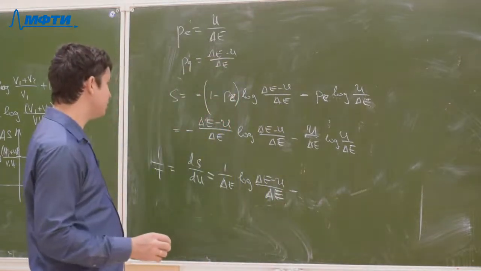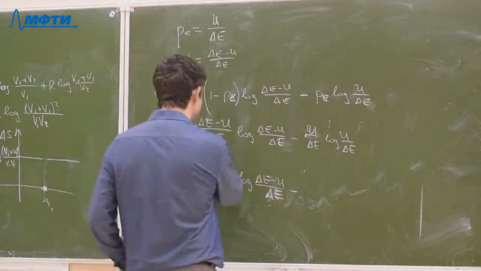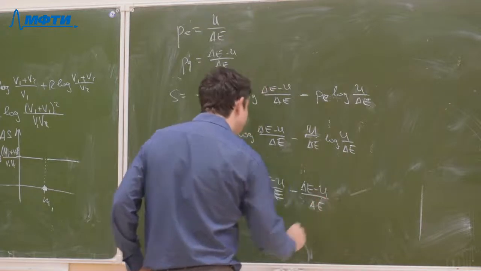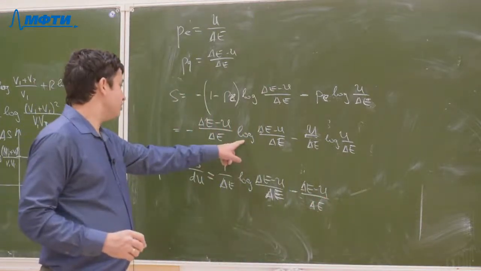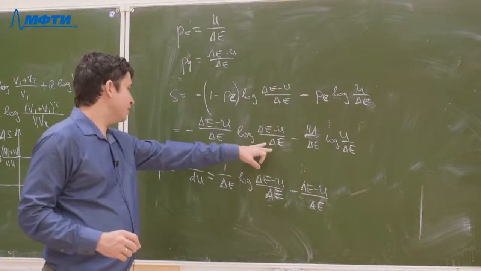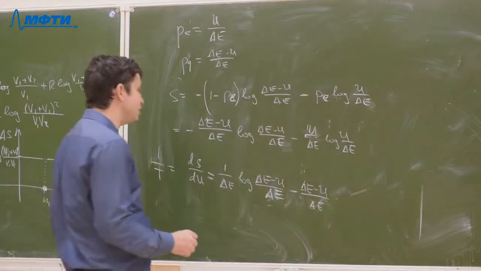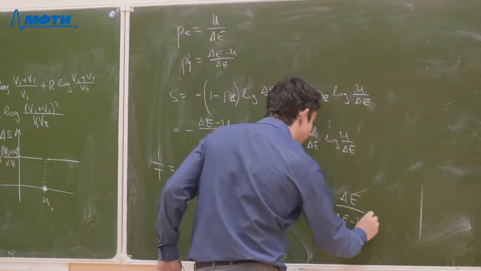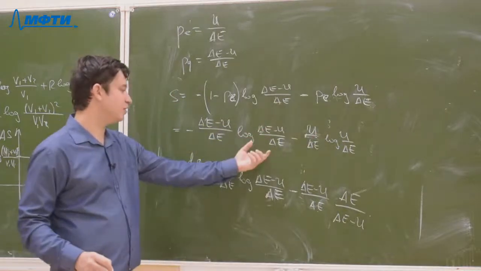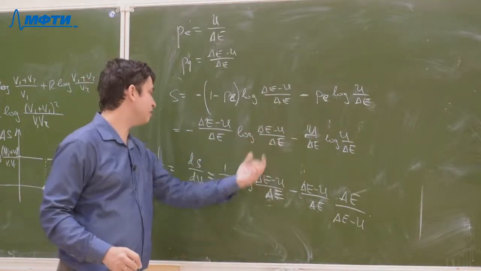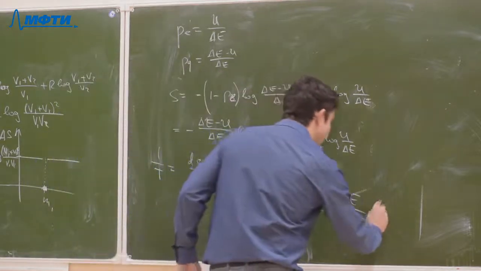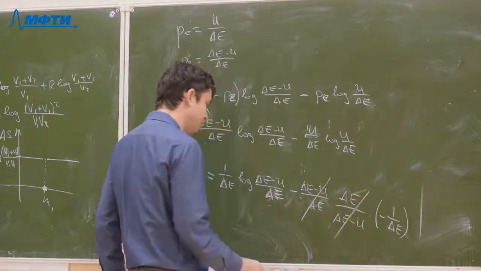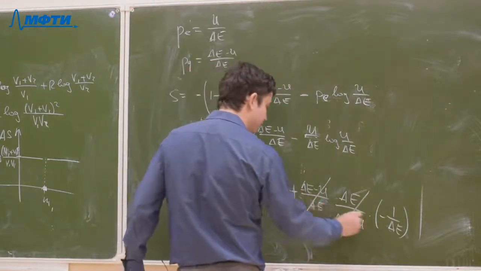Minus (delta E minus U over delta E) multiplied by the derivative of this logarithm, which is delta E over delta E minus U multiplied by the derivative of the expression inside the logarithm. And this is minus 1 over delta E. And this gives me 1. And minus by minus gives me plus.